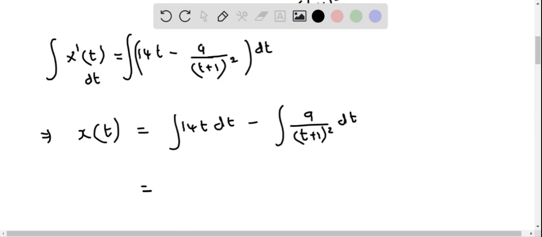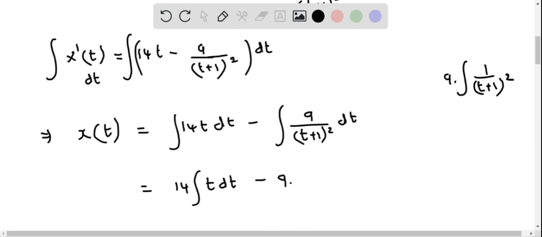Let's integrate this. For the integration of 14t, we can factor the 14 out of the integral, and we just have to integrate t. Similarly, I'm going to factor the 9 out, and we will get 9 times the integral of 1 by t plus 1 quantity square. I can rewrite 1 by t plus 1 squared as t plus 1 raised to the power of minus 2, so here I put the integral of t plus 1 raised to the power of minus 2 dt.